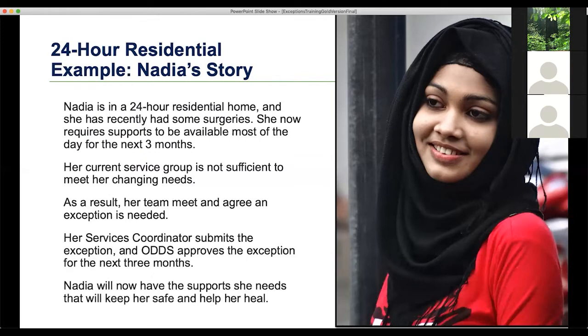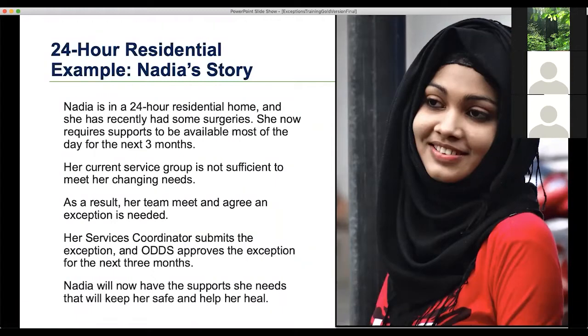Now, this process we're not fully dictating, so how that exception request gets completed is really up to that team as far as gathering the information and documenting it. But ultimately, at ODDS, we hold the responsibility at the level of the services coordinator for being the one that makes sure that request is completed.